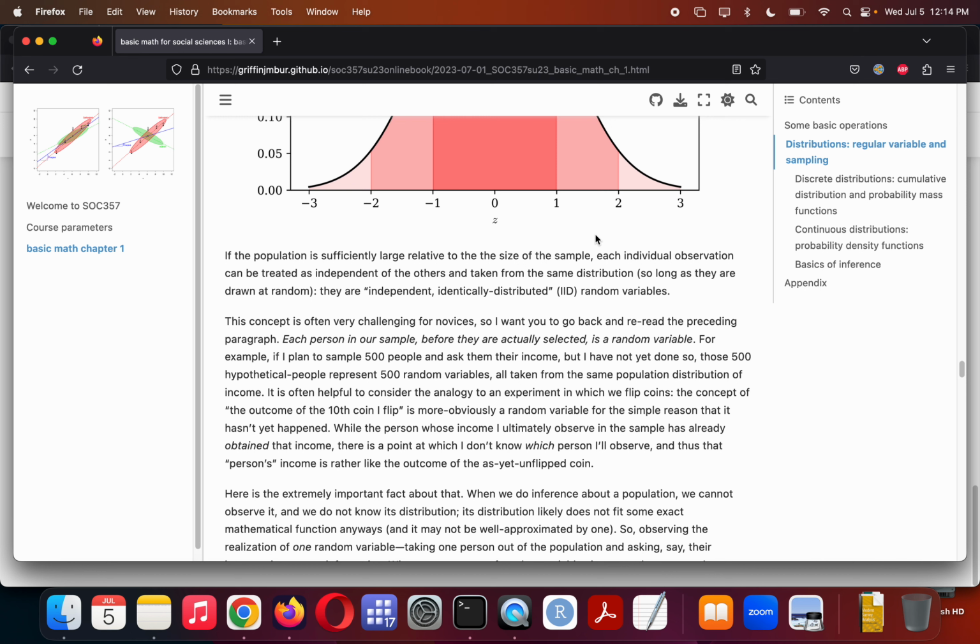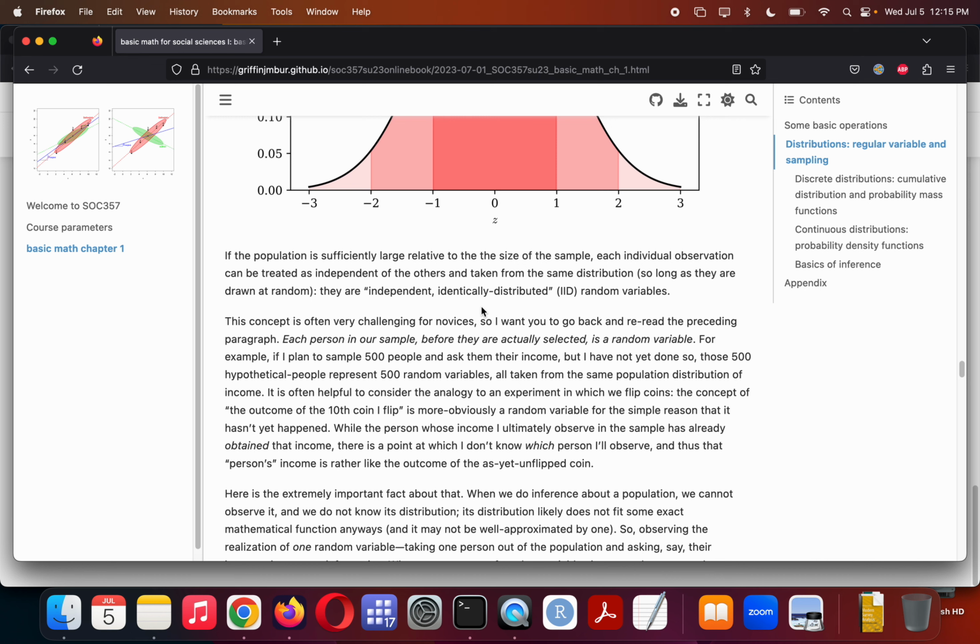So there's this cool fact that although individuals are taken from those unknown and possibly weird population distributions, if we start adding up individuals and they're all independent and identically distributed, and that's not exactly true because once we take someone from a population distribution, the population distribution changes a little bit.